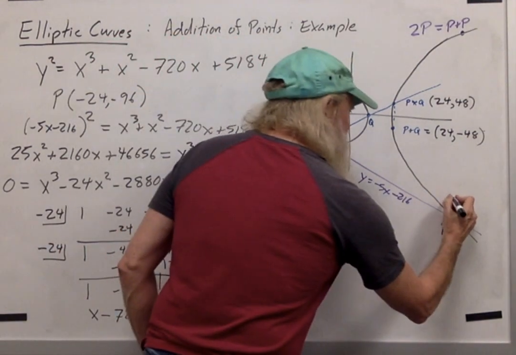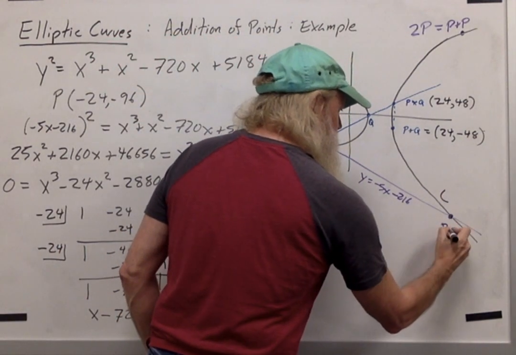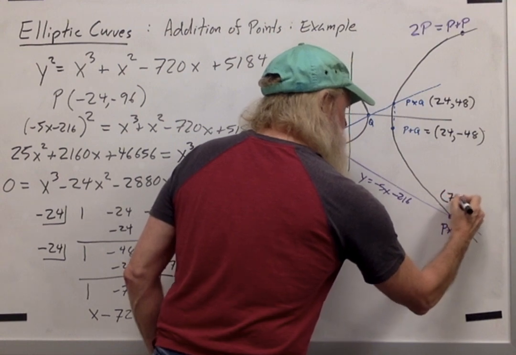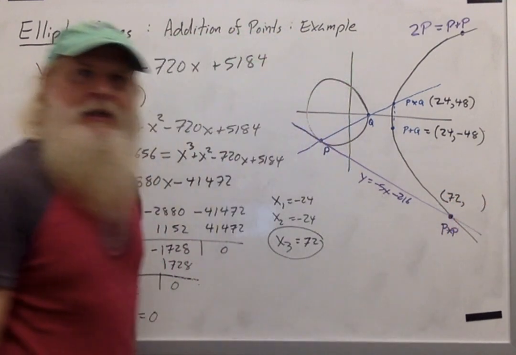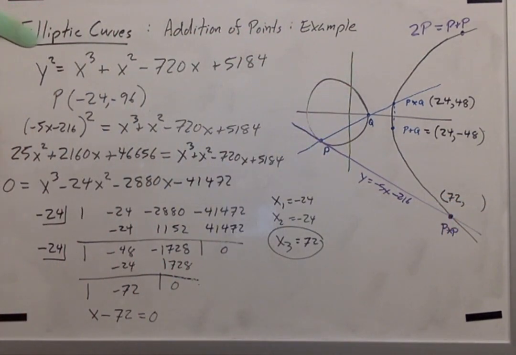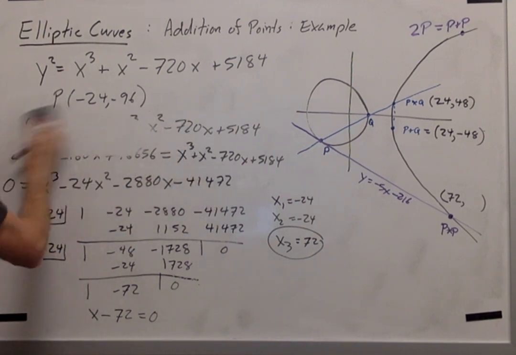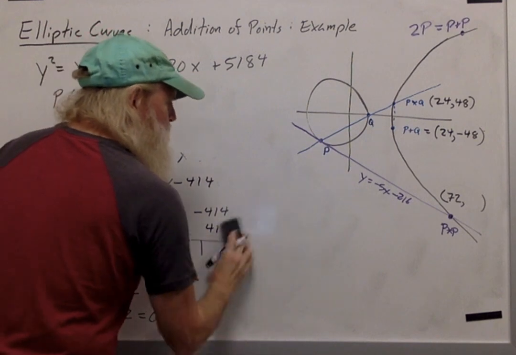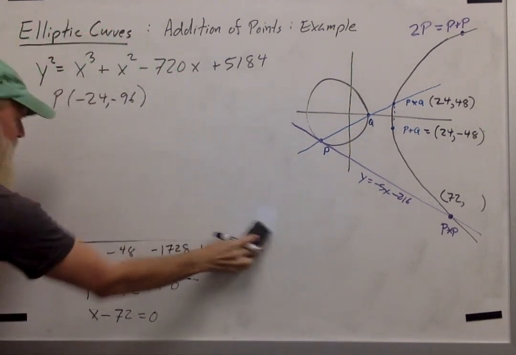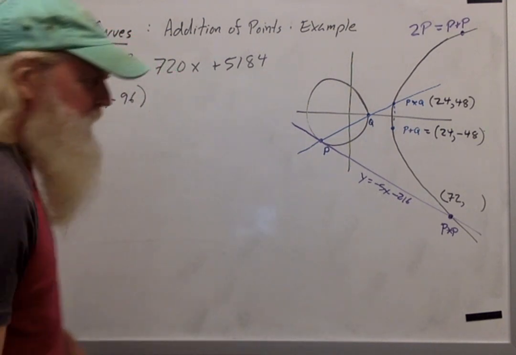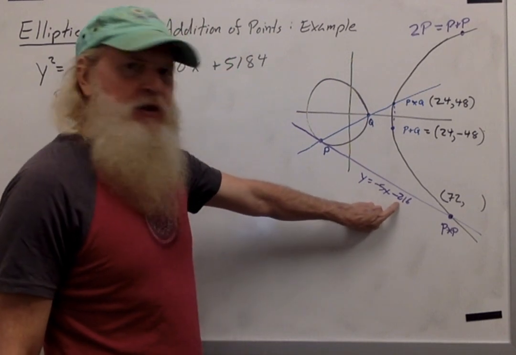So the x-coordinate of P star P is positive 72. To get the y-coordinate of that point, I can take the 72 and substitute it into the equation for the line.